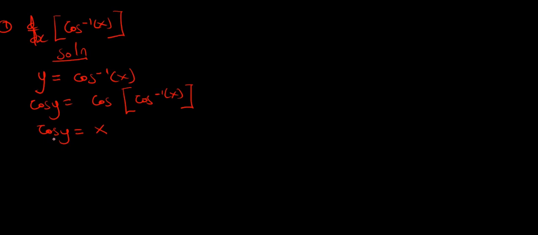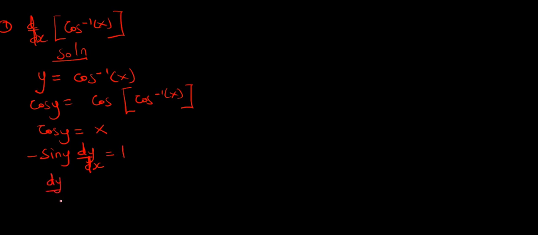The derivative of cos y is negative sine y dy over dx, because we took the derivative of y with respect to x. The derivative of x is simply 1, or in other words, 1 dx over dx, and dx over dx is still 1. So we have negative sine y dy over dx equals positive 1.